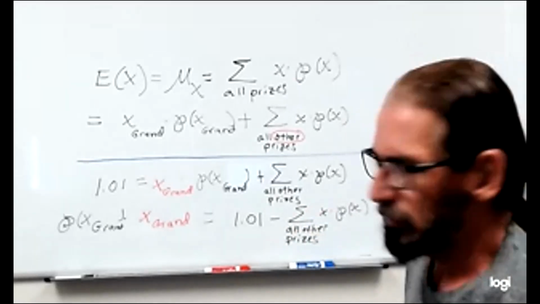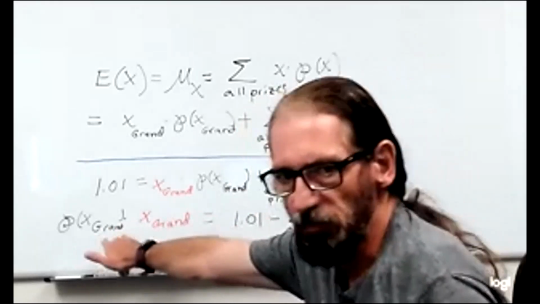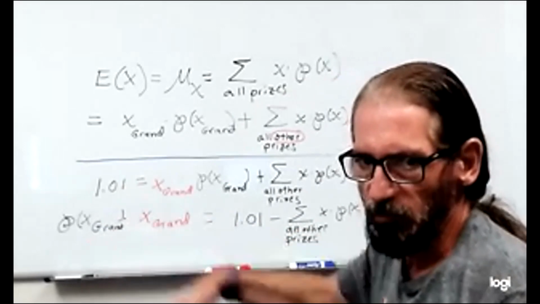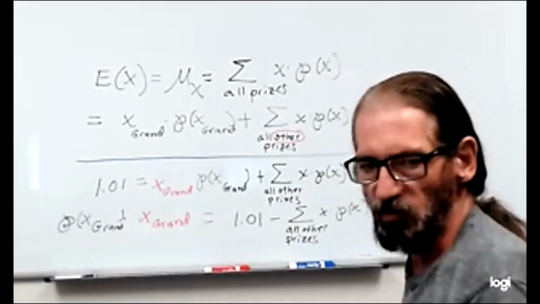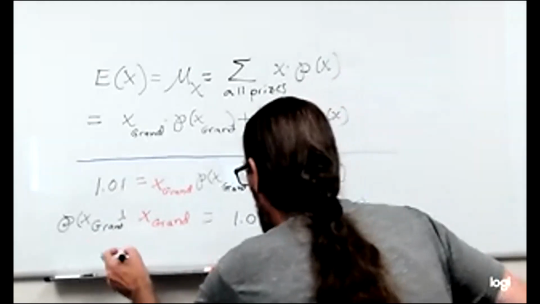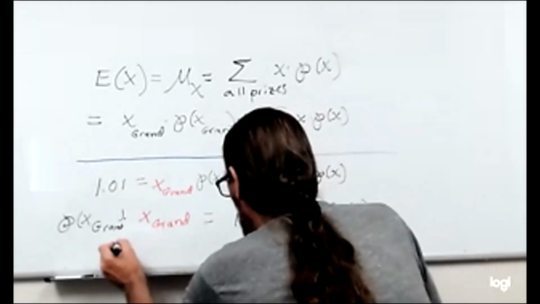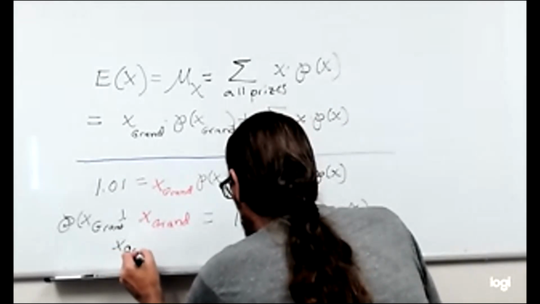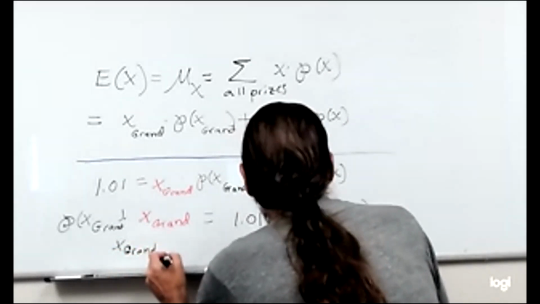And then divide by the probability of the grand prize, assuming again that stayed the same despite the change in how much the grand prize is. So divide both sides by that probability.